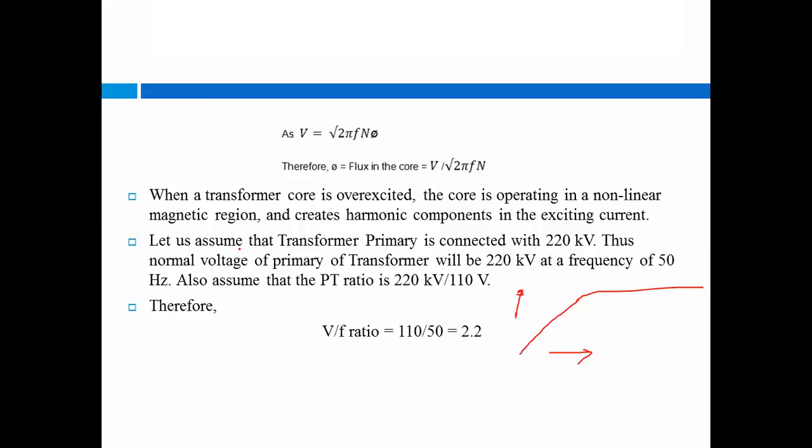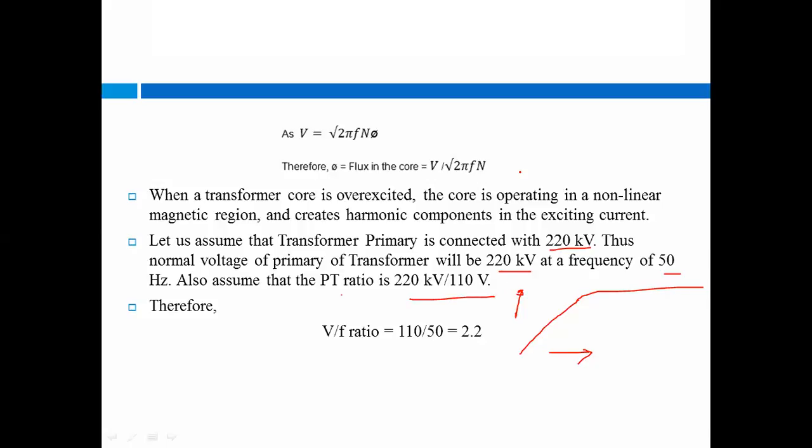Okay, so consider that the transformer primary is connected to a 220 kV transmission line. Thus the normal voltage of the primary of the transformer is 220 kV at a frequency of 50 Hz. If we are using a potential transformer, the PT ratio is 220 kV by 110 volt.